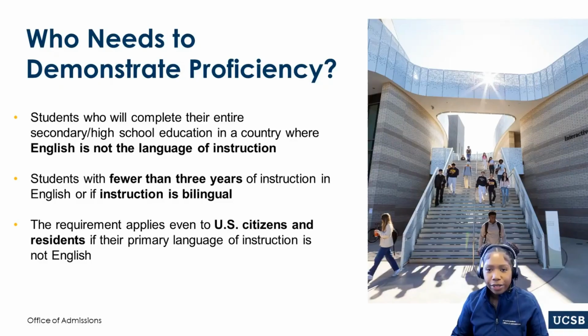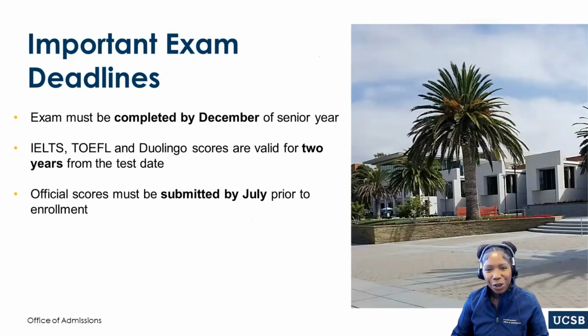It's important to note that this requirement applies even to U.S. citizens and residents if English is not their primary language of instruction. Understanding whether this applies to you early on can help ensure your application is complete and avoids any delays in the admissions process.